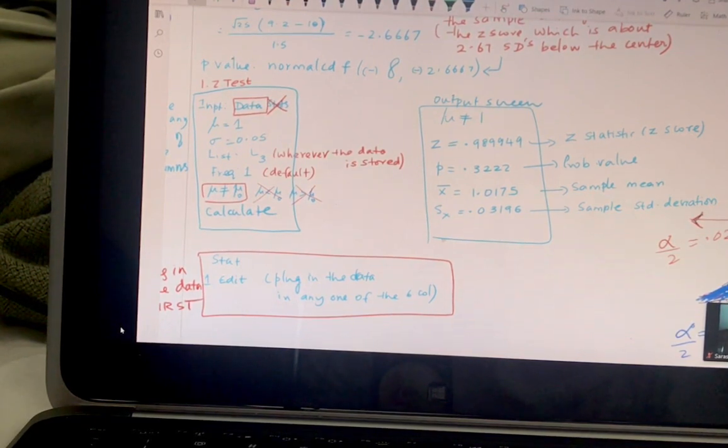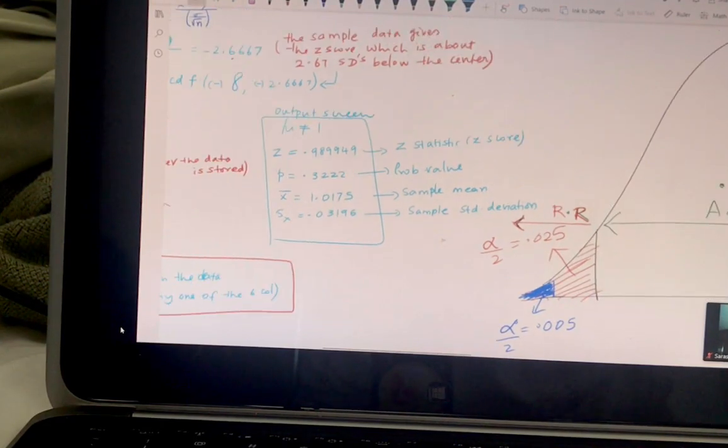So once you plug in the sample data, it's going to give you X bar and Sx. As much as I can, I have written all the information. Please sit with my work, go over it, and try to understand.